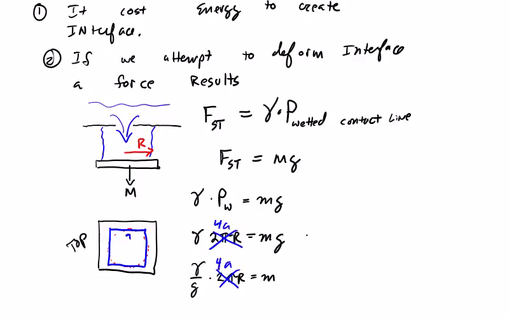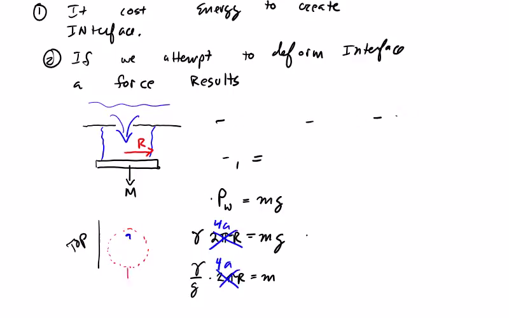Now, another fun fact is we can think about what happens if I want to create more area. So let's say I take this system, I'm going to erase some of the stuff I've done, and I keep it as a cylinder.